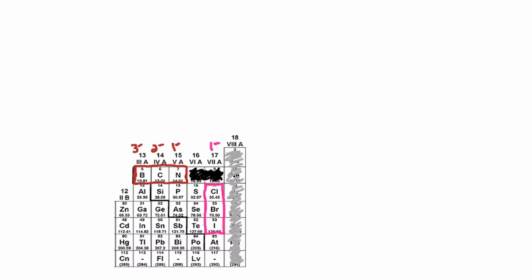And then we have the bridge, the 2 elements that bridge these boxes together, the phosphorus and the sulfur. And the phosphorus and the sulfur go by the regular column charges, so that's going to be a 2 negative and a 3 negative.